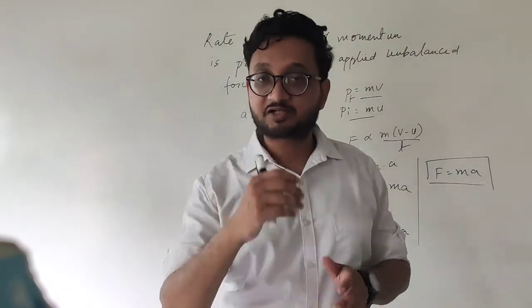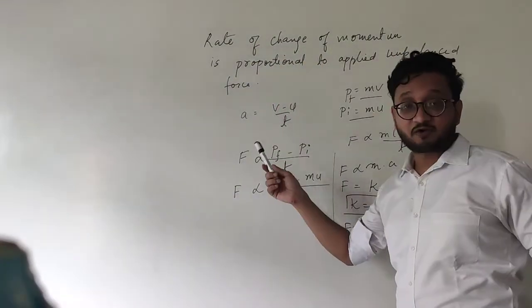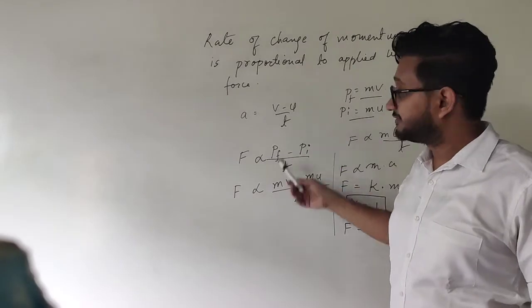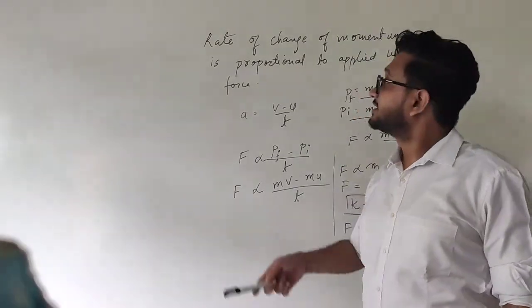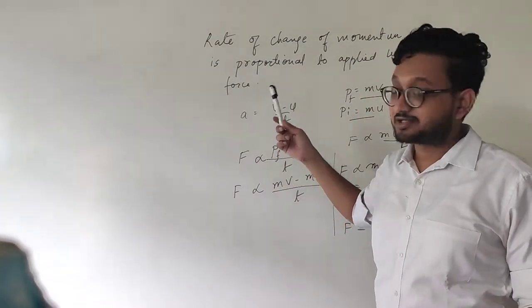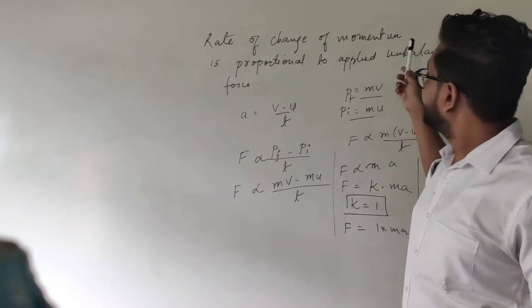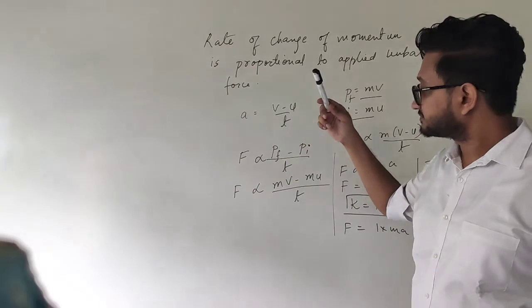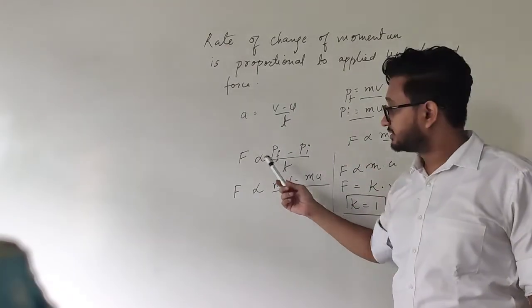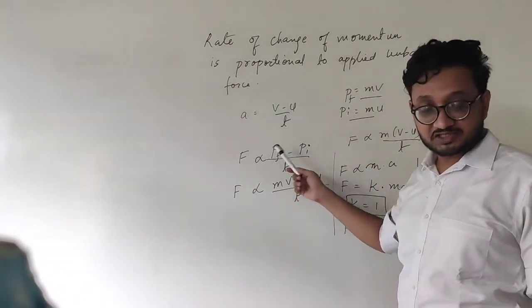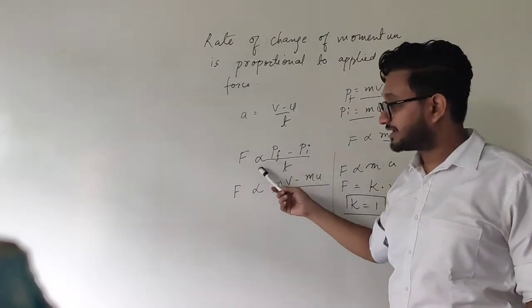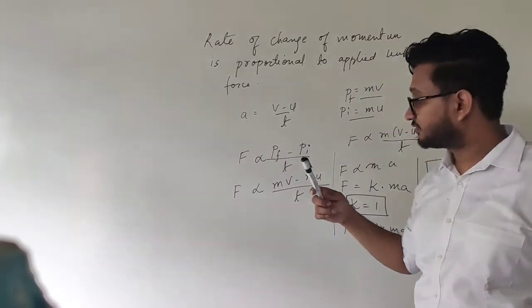So I hope that this answers your question. The formula and the derivation, I will go through it once again. The statement of the second law of motion is the rate of change of momentum is directly proportional to the applied unbalanced force. So this is the relation. Rate of change of momentum, change in momentum upon time taken, is directly proportional to the applied unbalanced force.